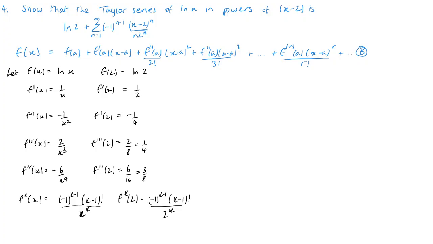So if I'm substituting it into my f of x, f of x of ln x is going to be ln 2 plus, and then I've got this general term which will give me all of these terms.